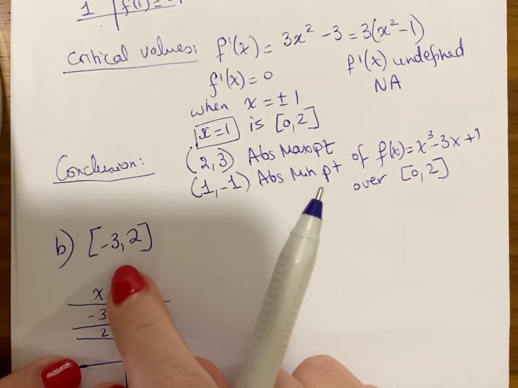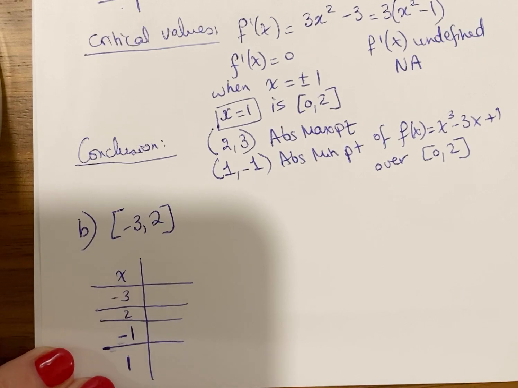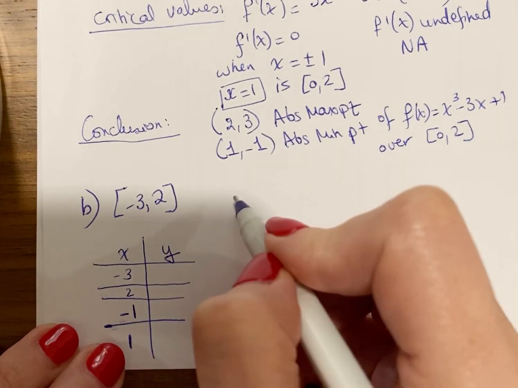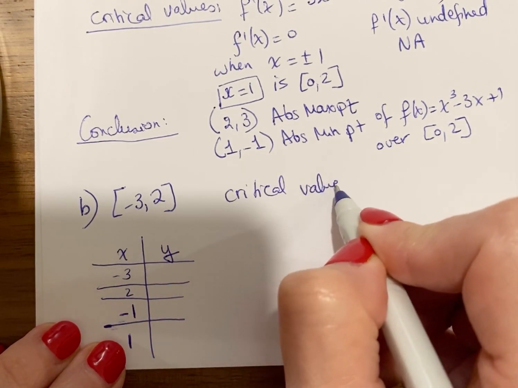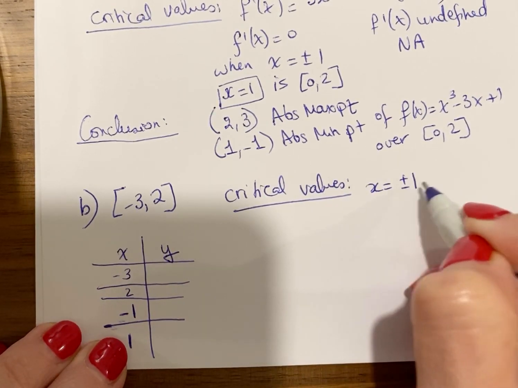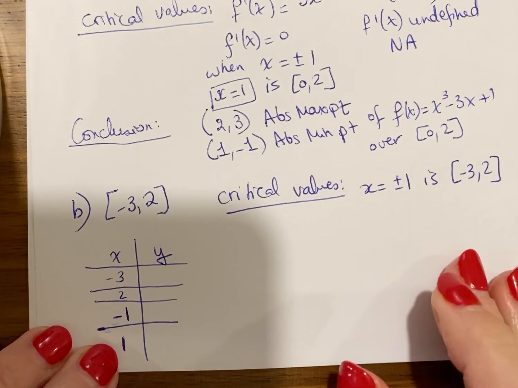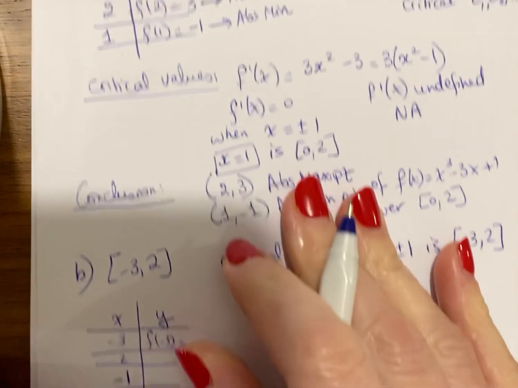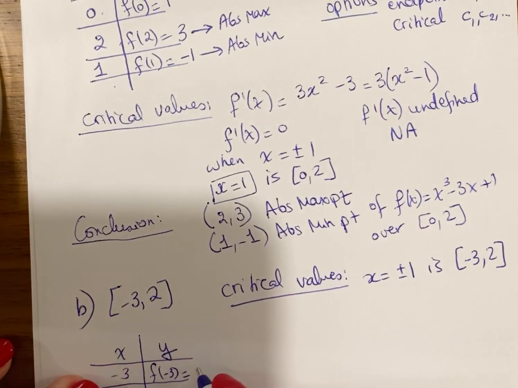Now when my interval changed to minus 3 and 2, I can take both minus 1 and 1, because both of them belong to the interval from minus 3 to 2. Then I calculate f at minus 3, which is equal to minus 27 plus 9 plus 1, which is minus 17.